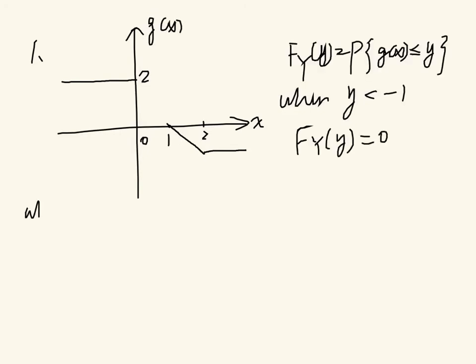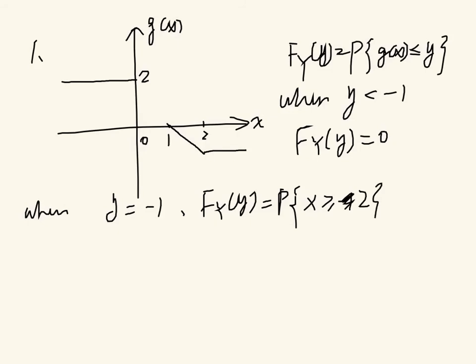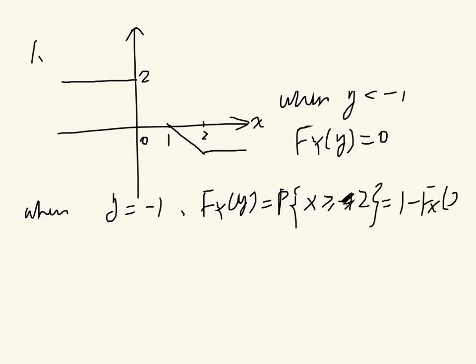And when y is equal to minus 1, F_Y(y) is equal to the probability that X is larger than or equal to 2, so it is equal to 1 minus F_X(2).